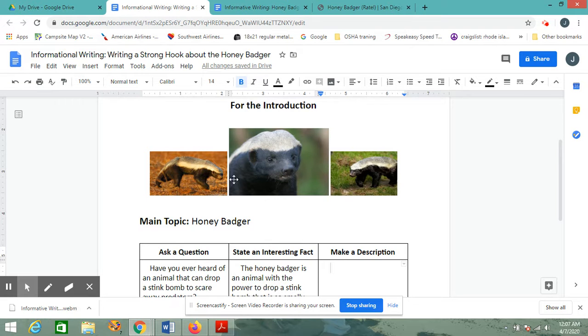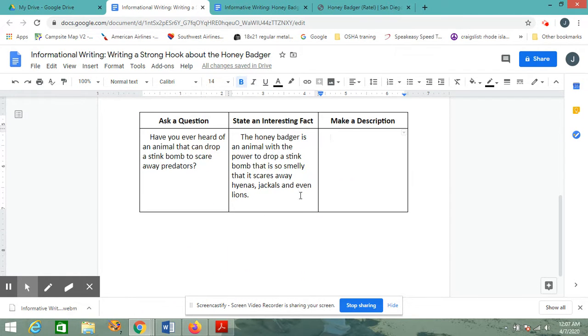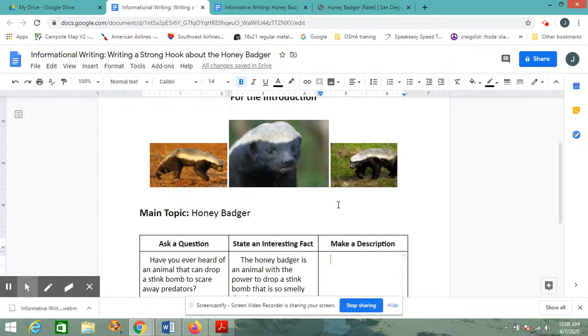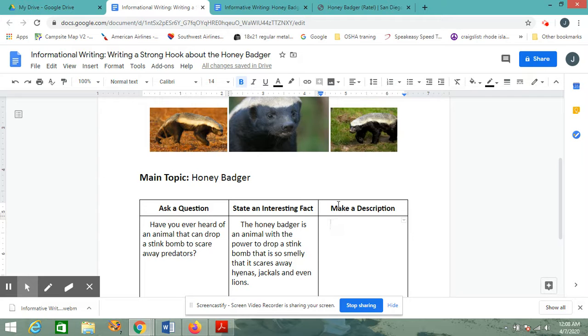Well, looking at our friend here, the little guy. So I'm gonna try this. I know they're pretty small. I know they're similar to skunks, and they have that power like skunks to drop stink bombs. I don't know, I think the honey badger's different.